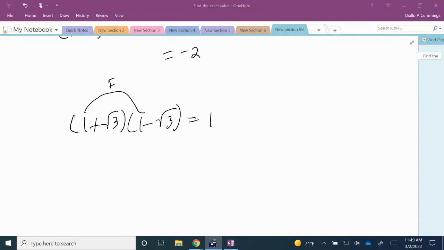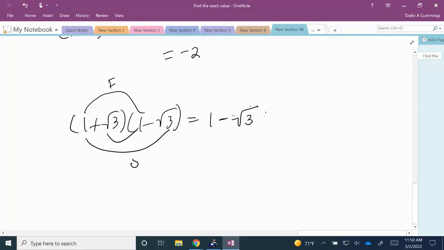We can multiply the outermost terms: a positive times a negative is a negative, so 1 times the square root of 3 gives negative square root of 3.